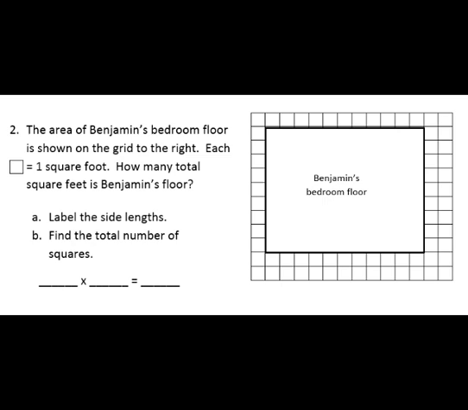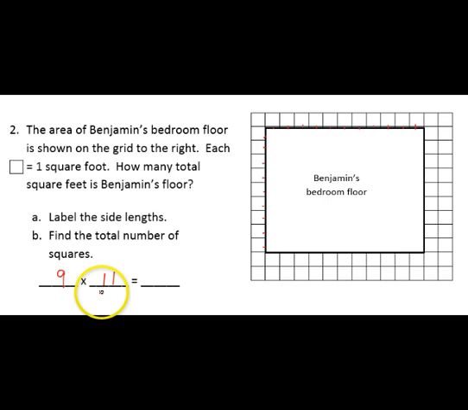I'm going to count my squares on each side so I know the dimensions of the rectangle. I have 1, 2, 3, 4, 5, 6, 7, 8, 9 rows, and then 1, 2, 3, 4, 5, 6, 7, 8, 9, 10, 11 columns. I have to multiply 9 times 11 to come up with my final answer.